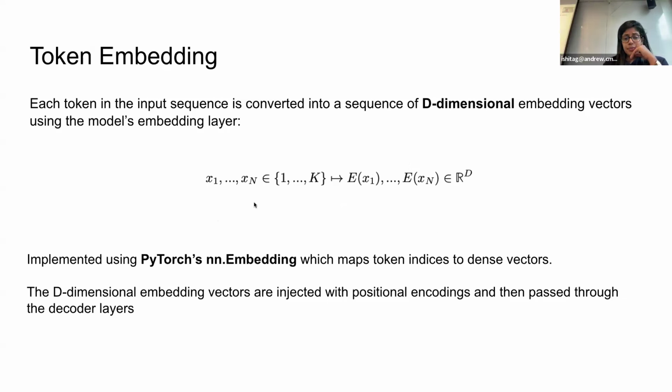Finally, we inject these with positional encodings. I'm sure you have learned positional encodings in detail, how we add them to model the relationships between different words in the input sequence, and then pass them through the decoder layer.